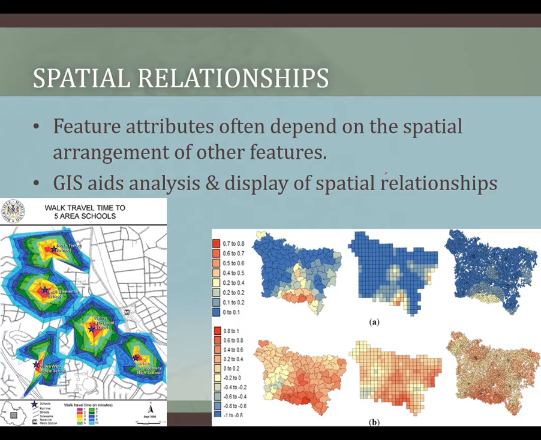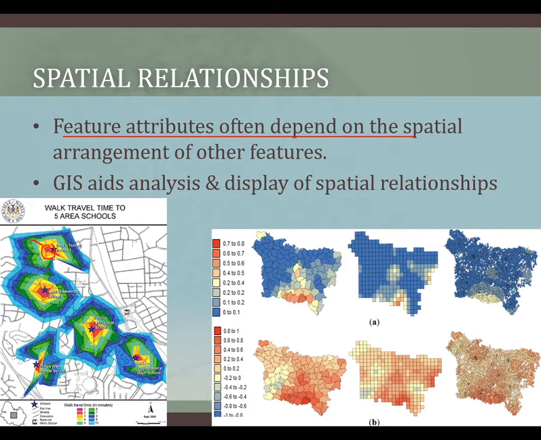You can notice in these maps here that feature attributes often depend on the spatial arrangement of other features. For example, if you have a pollution area and you want to know how much this pollution is spread throughout the area, we can create some kind of a heat map and some kind of a contour map that shows, for example, if we have a problem in this area and we want to know how much it affects others.